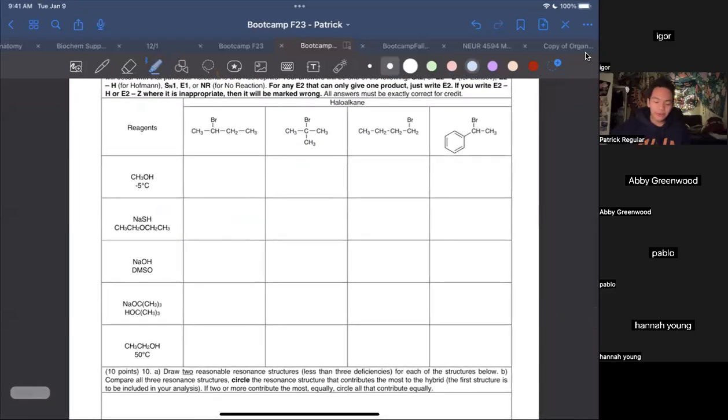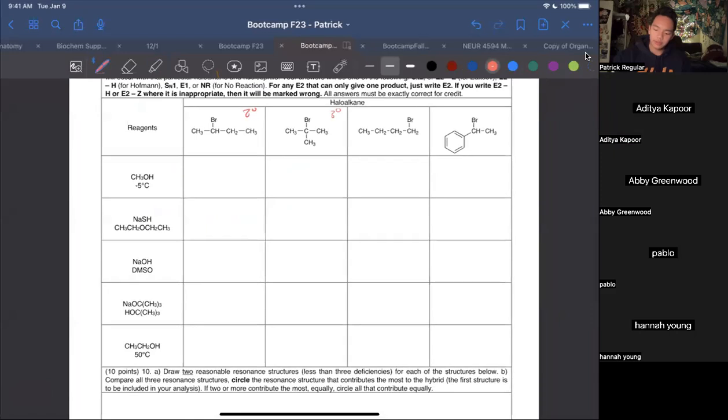Oof, SN2 E2. Let's power through this, you guys. Secondary, tertiary, primary, secondary benzylic. All right, let's move forward. We have a base or nucleophile equals our solvent.